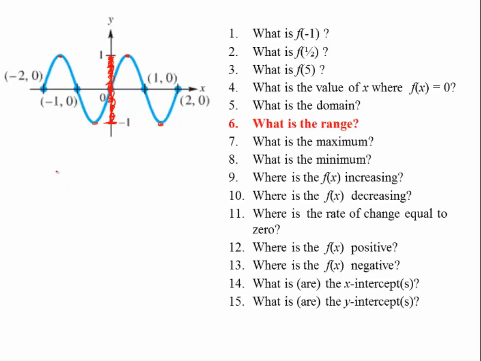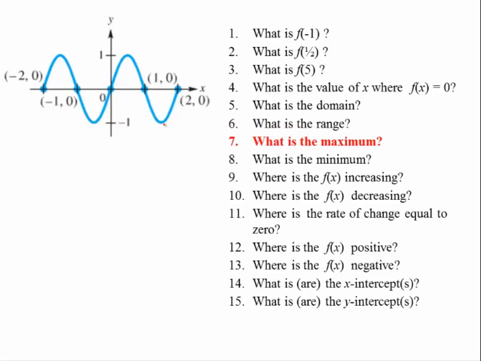Again, we write the smallest, negative 1, the largest is 1, so f of x can be any value in between negative 1 and 1, and they can equal those values, so we include equal signs. Now if we were to write this in set notation, this would be bracket negative 1 comma 1 bracket.